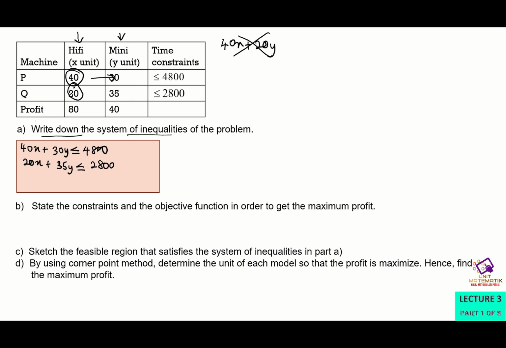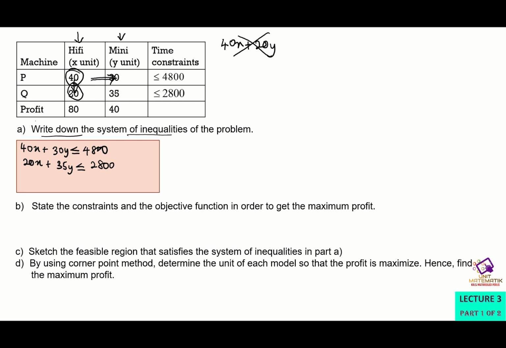Because your x and y is in the column. Why you should add across the row? This is across the row, dear. There is no variable across the row. So this is totally wrong. We should add across the column since our variable is in the column. So here it is important for you to understand how it works so that you will have a correct system of linear inequalities. If you get the wrong one, then everything will go wrong. Okay, so please remember and be careful.